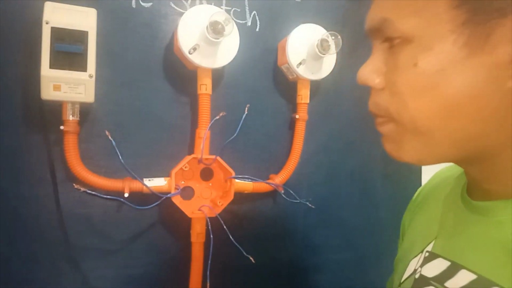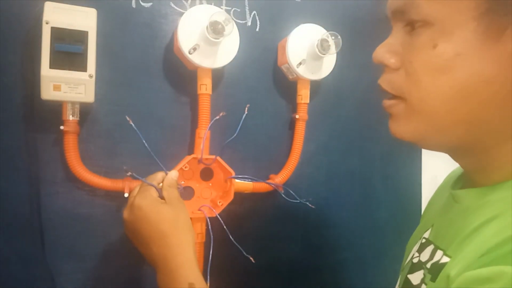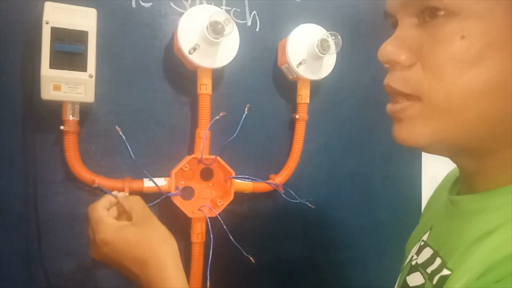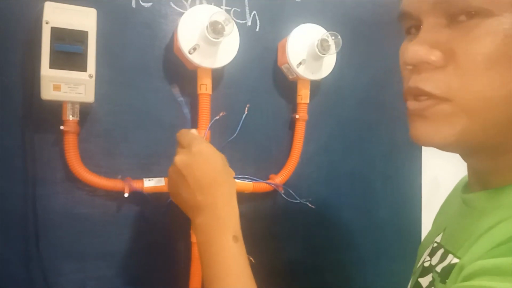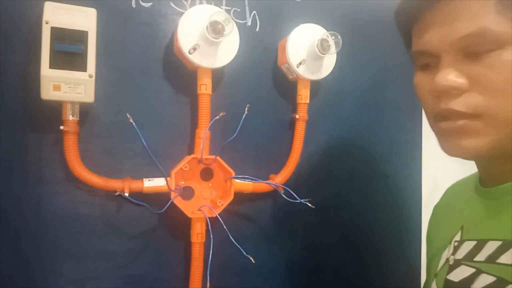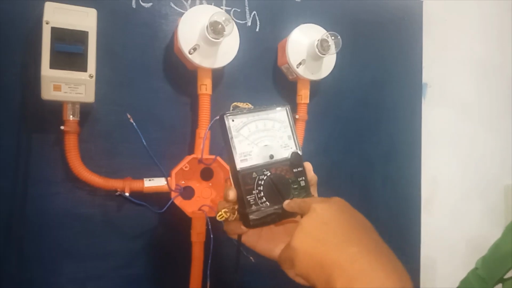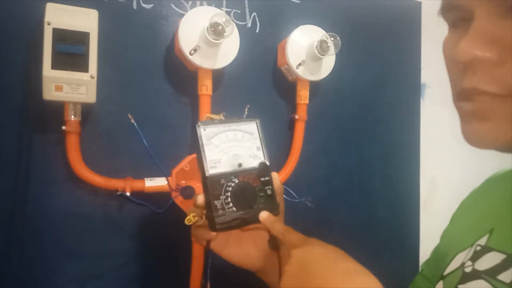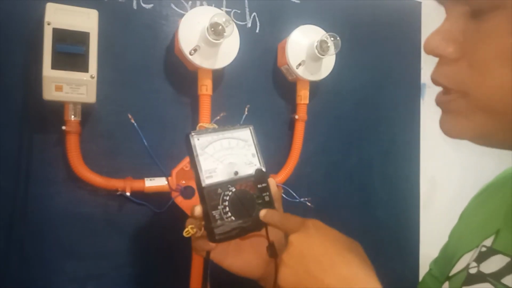Now, so, paano yan ma-identify kung saan ba talaga yung line 1 at saka line 2? So with that, of course, we will use the multitester. So, itong multitester, gagamitin natin guys. Set lang natin sa resistance testing. Tapos, continuity testing.